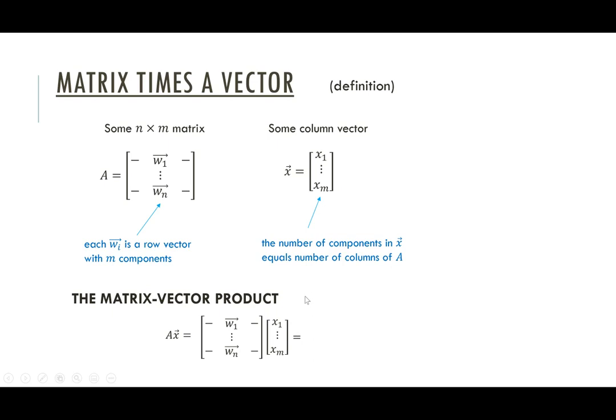This is defined to be the vector you get by taking the first entry, W1 dot the vector X. The second entry would be W2 dot this vector, all the way down to Wn dot this vector as the last entry. Notice this is a column vector with n components. So a matrix times a vector gives you a vector, not a matrix or a number.